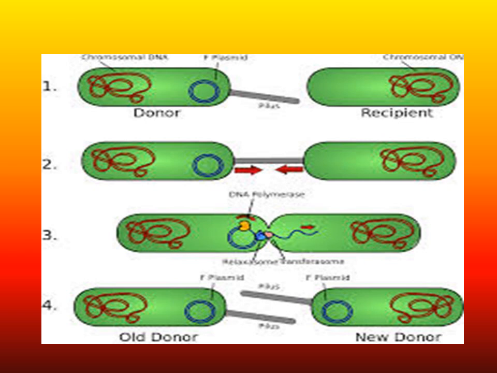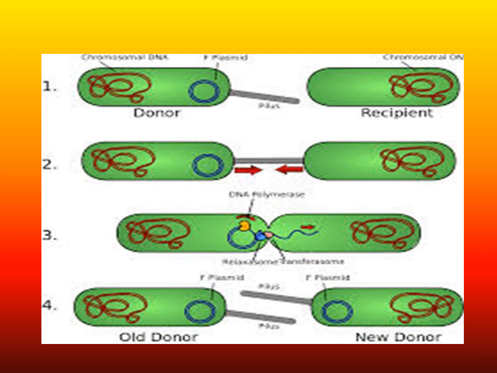In step one, two bacteria come close to each other, one with the pili and one without the pili. In the second step, a connection, a bridge, is developed between this F positive and F negative bacterium.